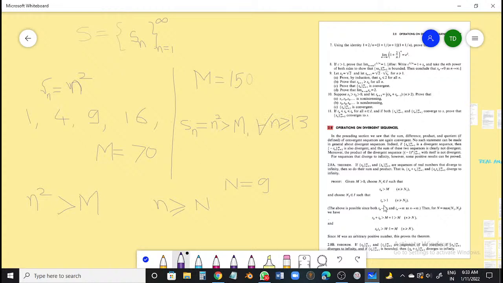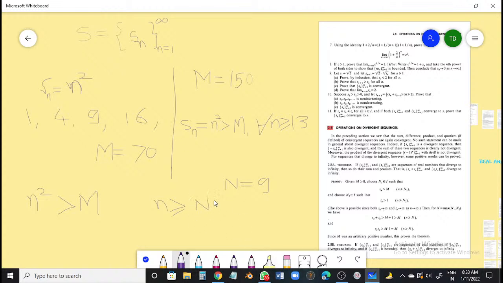What is the statement I have got? Sn equal to n square is greater than M for all n greater than or equal to 13. So what is the concept of diverging to infinity? You give any real number M, for that real number I can get the term number n.